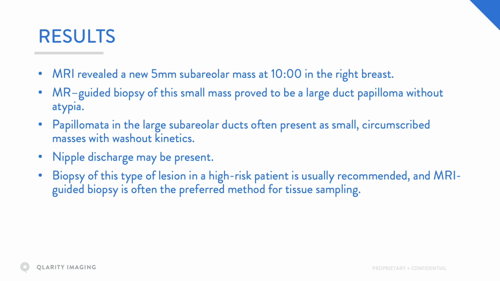So we have to be sure that there is very smooth margins, and the location, again, is helpful for diagnosis. Nipple discharge may often be present, and biopsy of this type of lesion in a high-risk patient is usually recommended, and MR-guided biopsy is often the preferred method for tissue sampling.